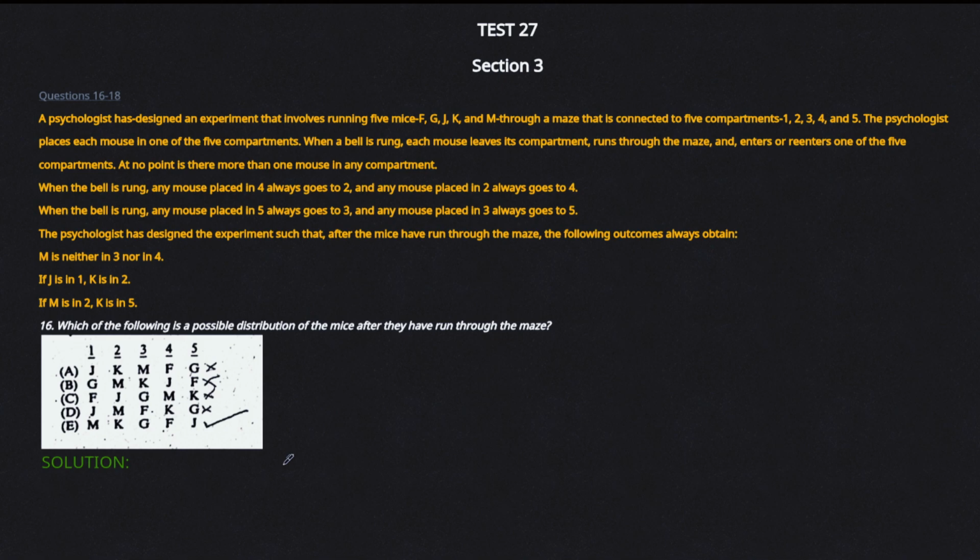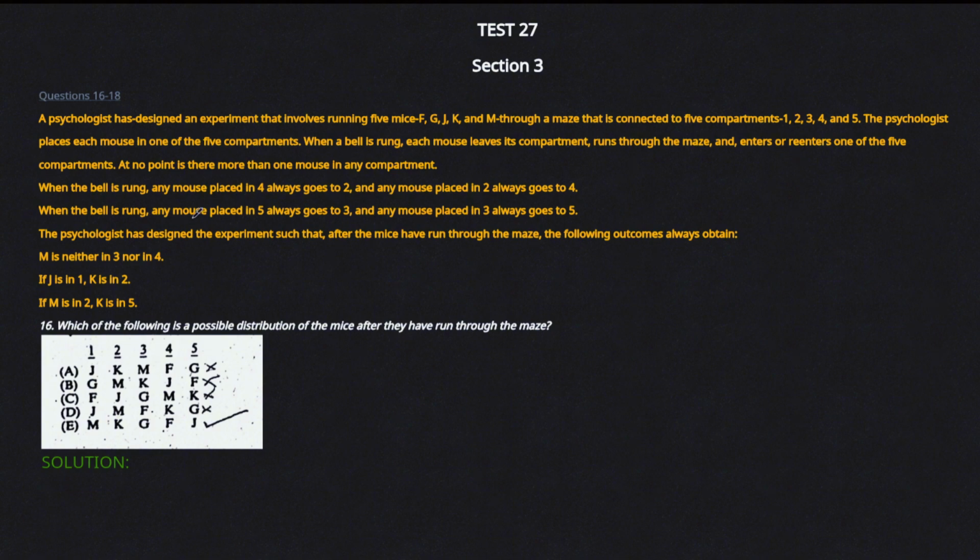When a bell is rung, each mouse leaves its compartment, runs through the maze, and enters or re-enters one of the five compartments. At no point is there more than one mouse in any compartment. When the bell is rung, any mouse placed in 4 always goes to 2, and any mouse placed in 2 always goes to 4.